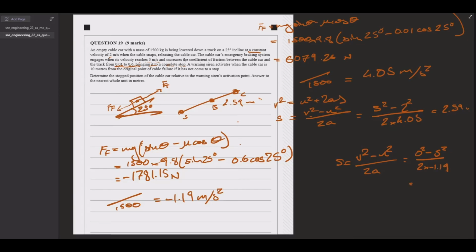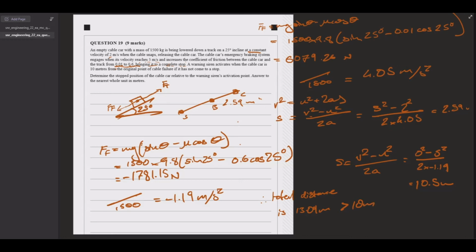And that is 10.5 meters. So, therefore, total distance traveled is 10.5 plus 2.59, or 13.09, which is greater than 10 meters.